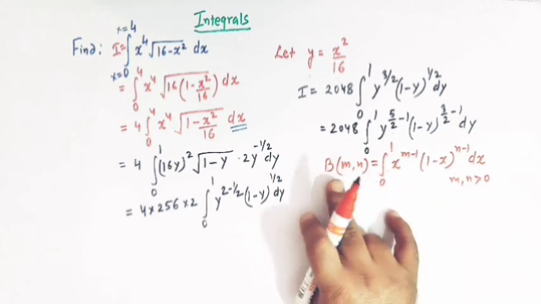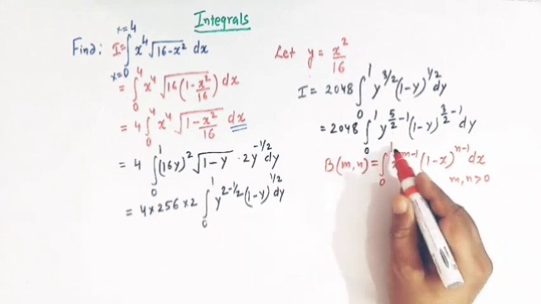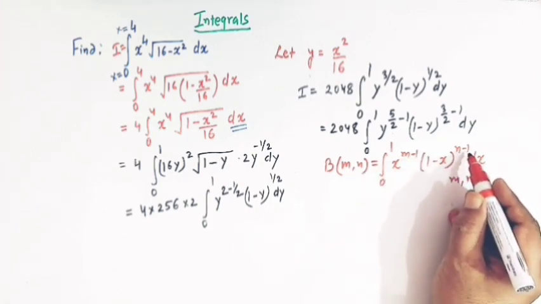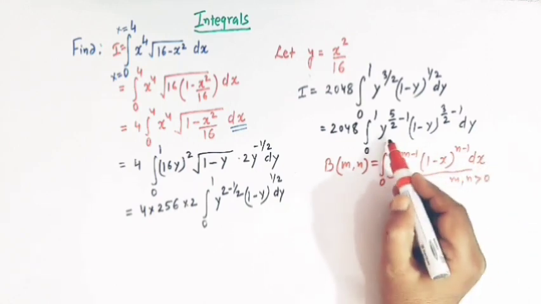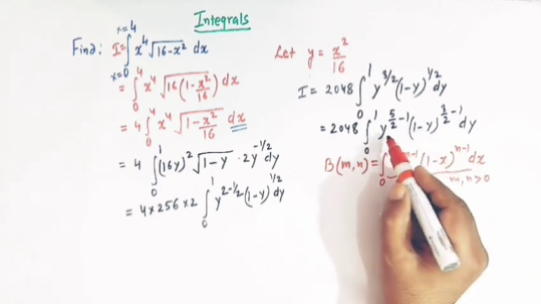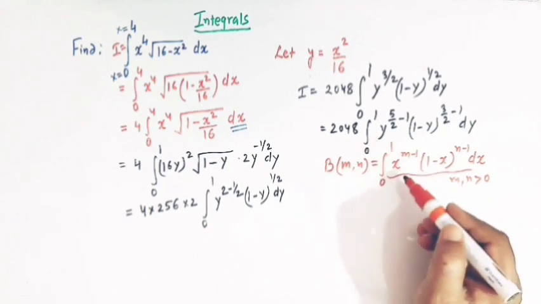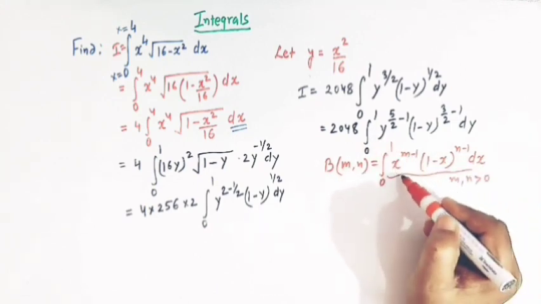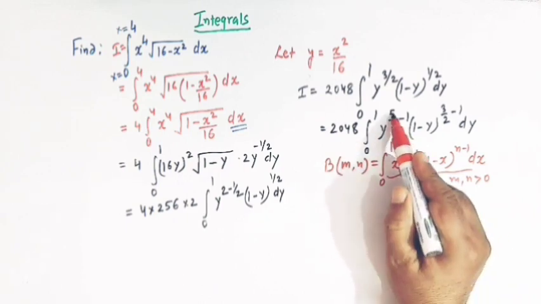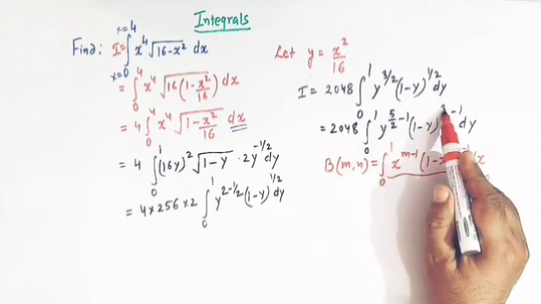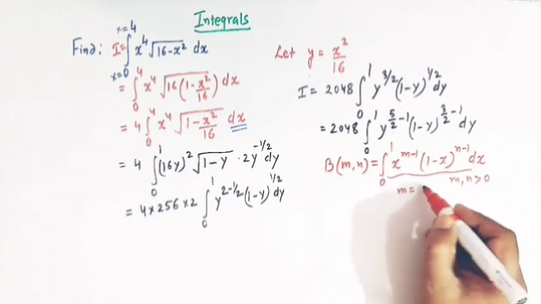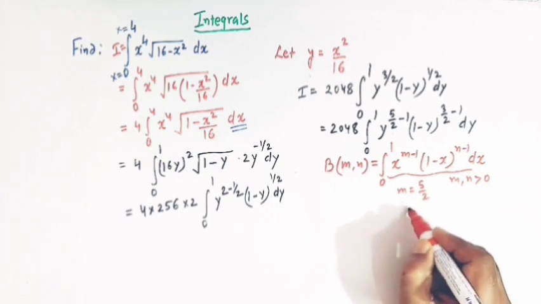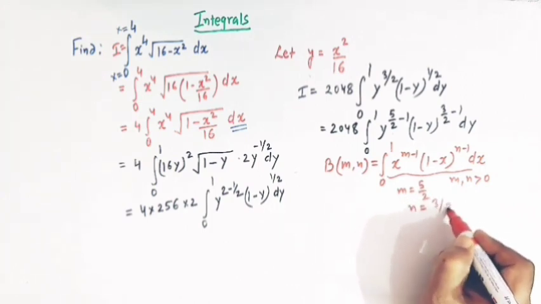So if we compare this integral with this one, we can see that the variable is y here and x there, and it is not going to change anything. And here m is 5 by 2 and n is 3 by 2, right? So comparing, we have m equal to 5 by 2 and n equal to 3 by 2.